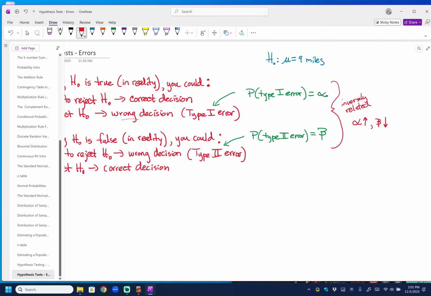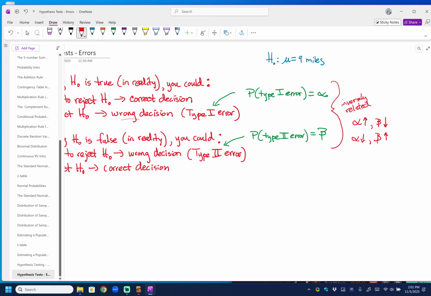Whereas if you decided to decrease the probability of a type 1 error, for example, if you changed your significance level from 5% to 1%, then that would increase the probability of a type 2 error.